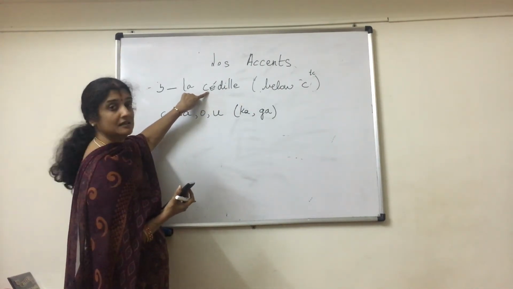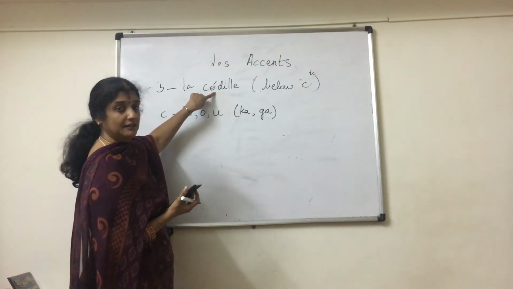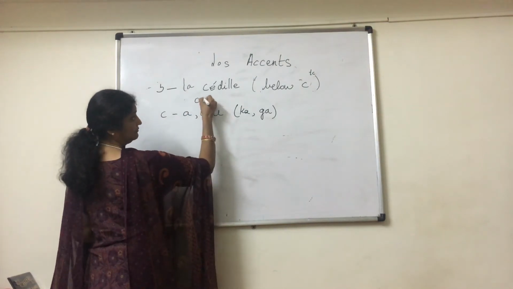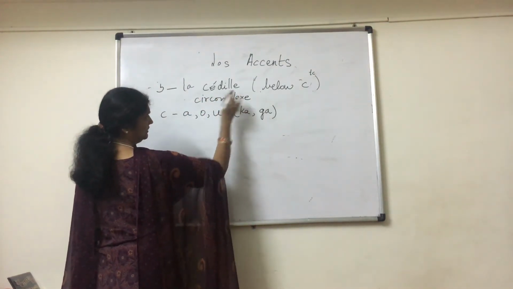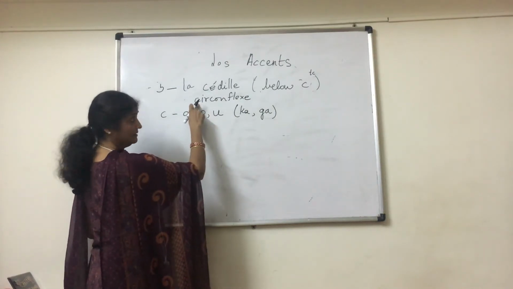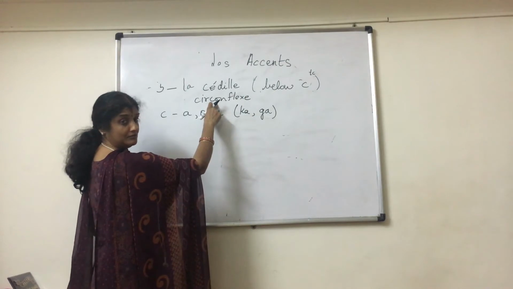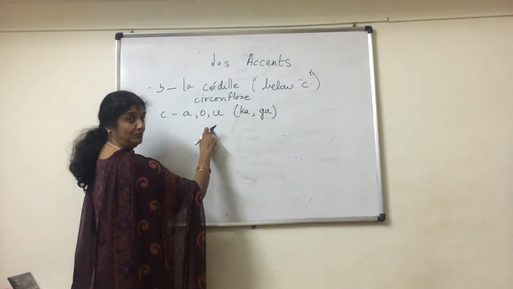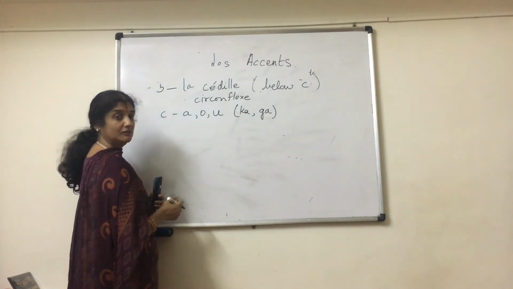See, for example, this is cédille. So C followed by E, it retains the original S sound. The earlier accent that you studied, which is circumflex, this is say, sir, but this is con. It takes the K sound. So C followed by A or O or U always takes the K sound or the G sound.